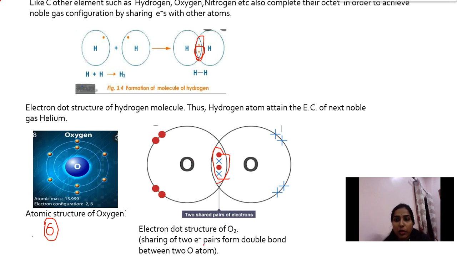In this way, a double bond is formed between the two oxygen atoms. In this way, both oxygen atoms attain their noble gas configuration.